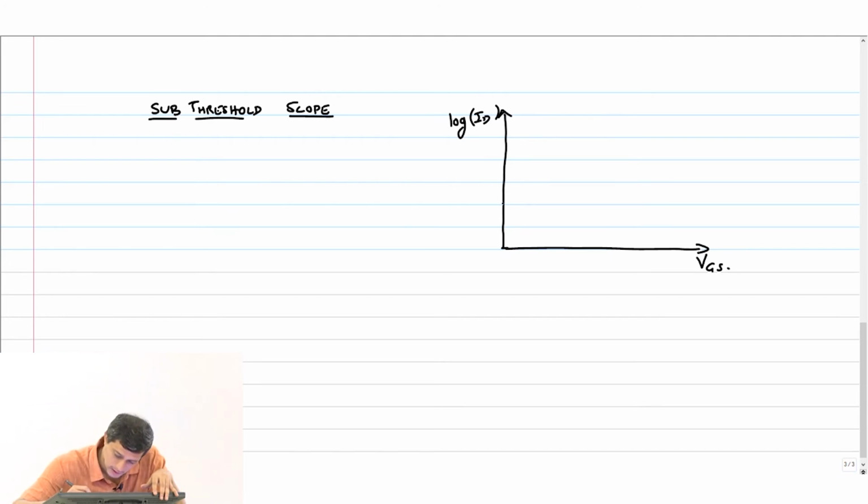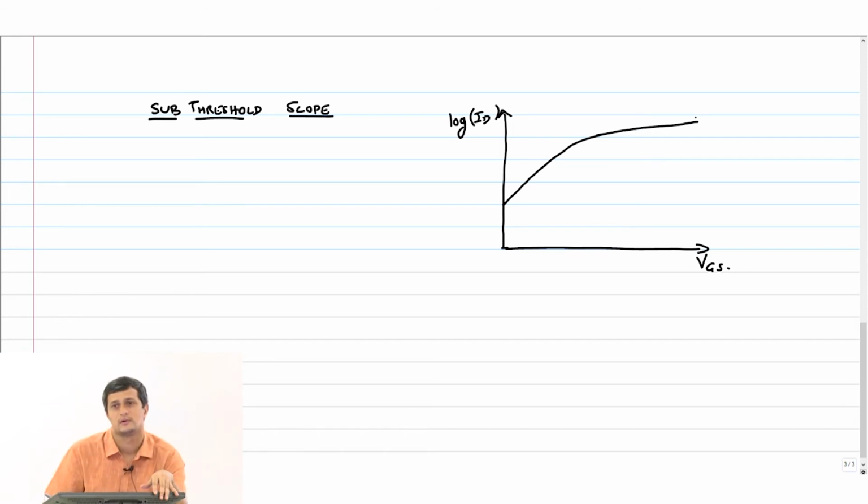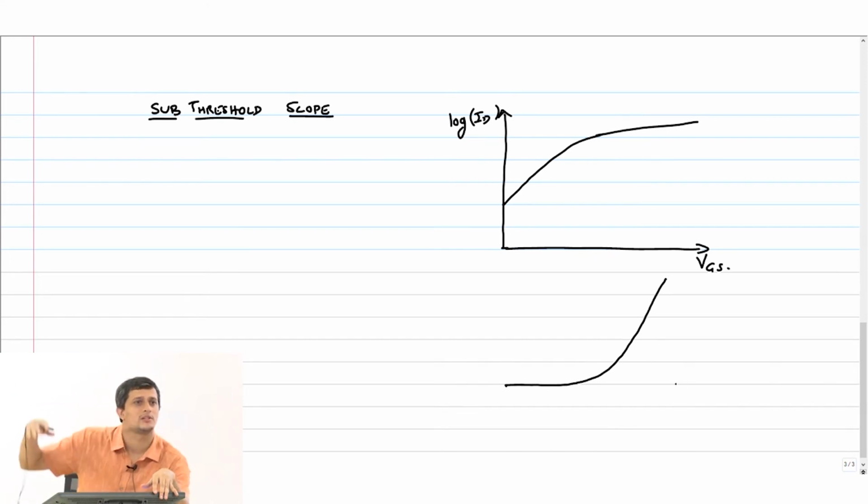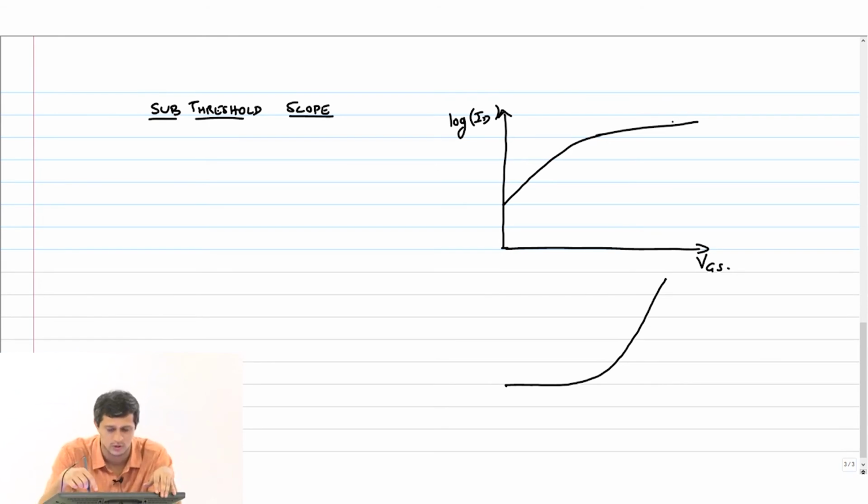And it turns out that it basically looks like this. Remember, on the linear scale, the same graph looked something like this. But now because we are in log, this change of 1 to 2 microamps is just nullified. It's basically brought down and it just looks like a very, very small change. But that's actually a very large change because I'm plotting log of ID now. Okay, I'm interested in the small changes before the current becomes very large, right?